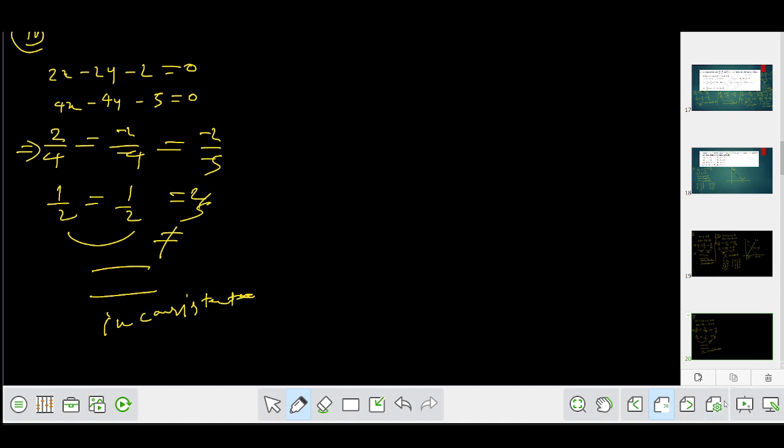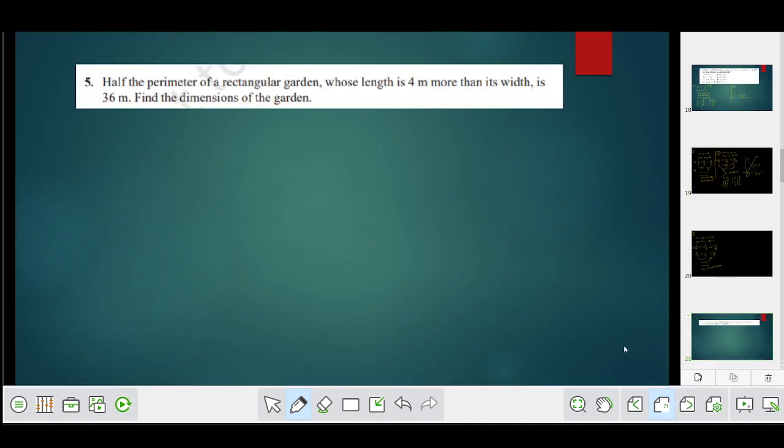Now, what is the fifth question? Half the perimeter of a rectangular garden, whose length is 4 meter more than its width, is 36 meter. Find the dimensions of the garden. Clear? Now, length and width.